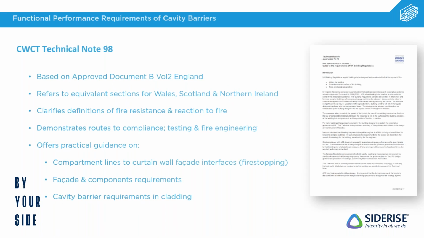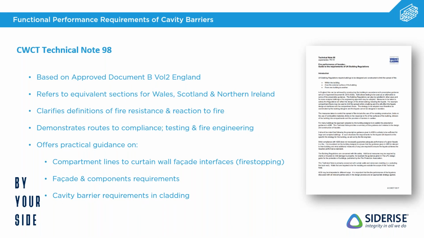Now, the CWCT have quite a useful technical note, note 98, which essentially goes through much of what we've been through already, defining a bit better perhaps than the regulatory guidance documents, some of the requirements like compartmentation and locations of cavity barriers and fire stops.